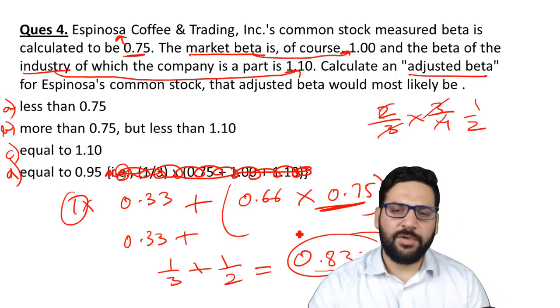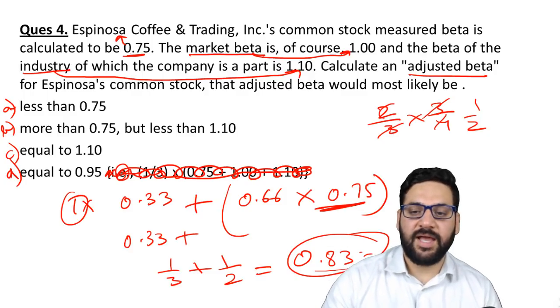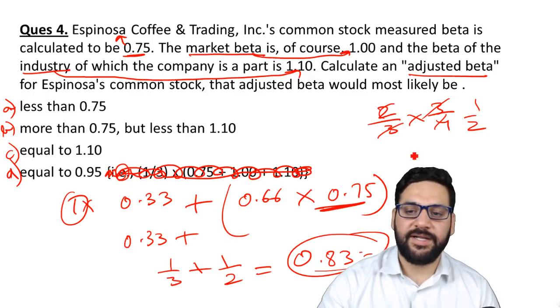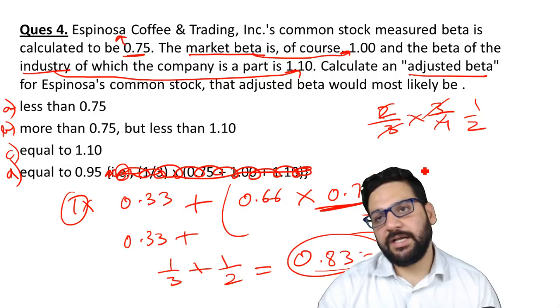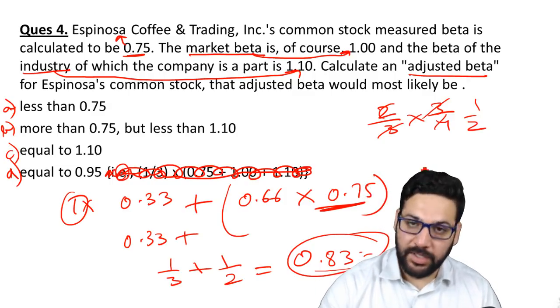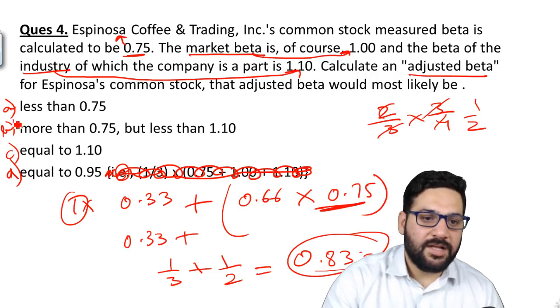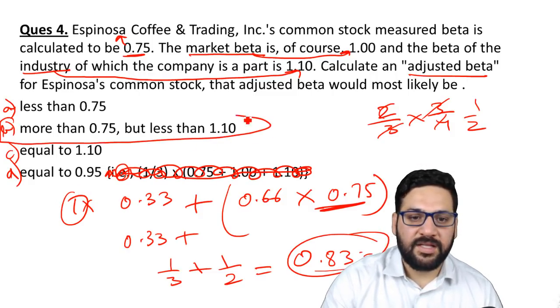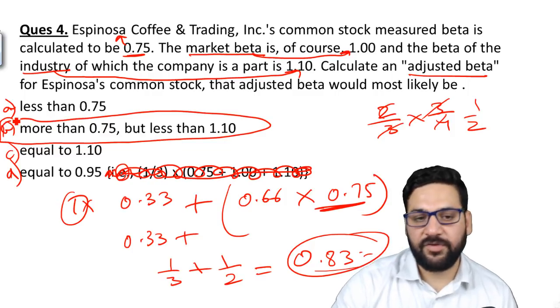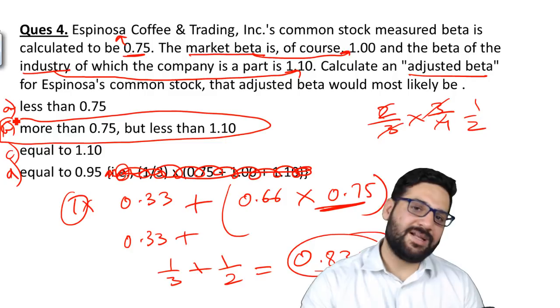But besides the Bloomberg formula, there are some other formulas in which this can increase from 0.83 to like 0.9, 0.1 like that, right? So the correct answer is more than 0.75 but less than 1.0. There is a proper formula for that, but there are many formulas.